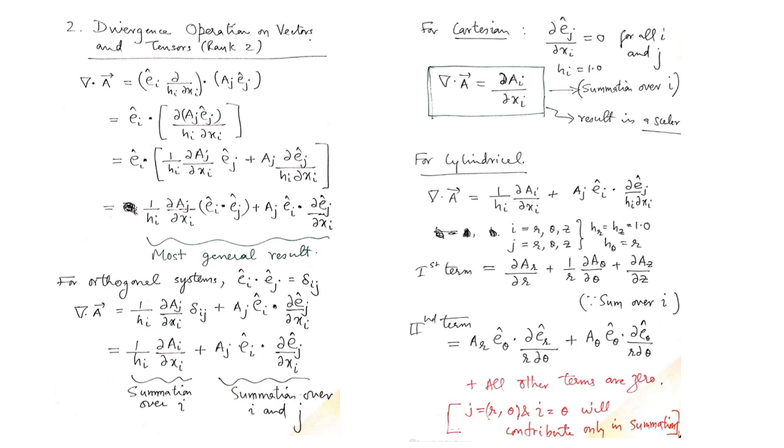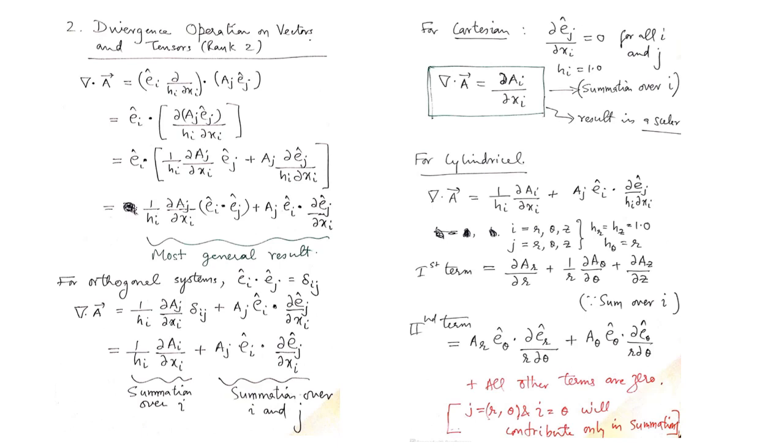It is a summation over i and j, both repeating indices, but since the Kronecker delta only contributes when j is equal to i, we can directly simplify by setting j equal to i in the first term.